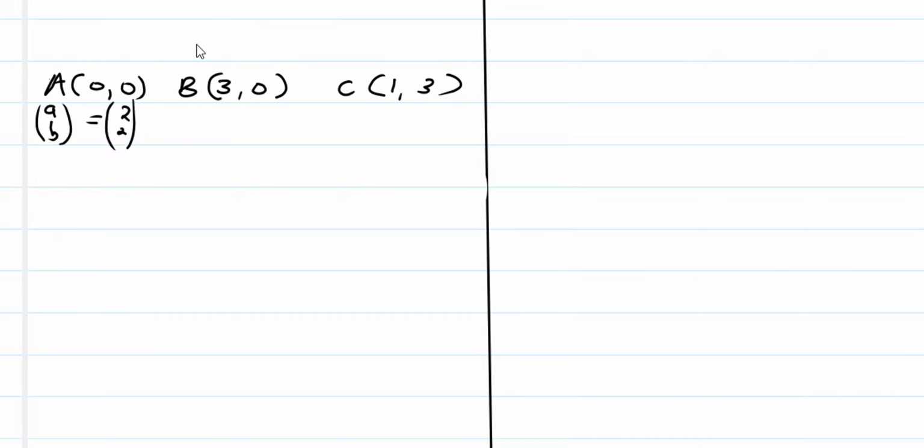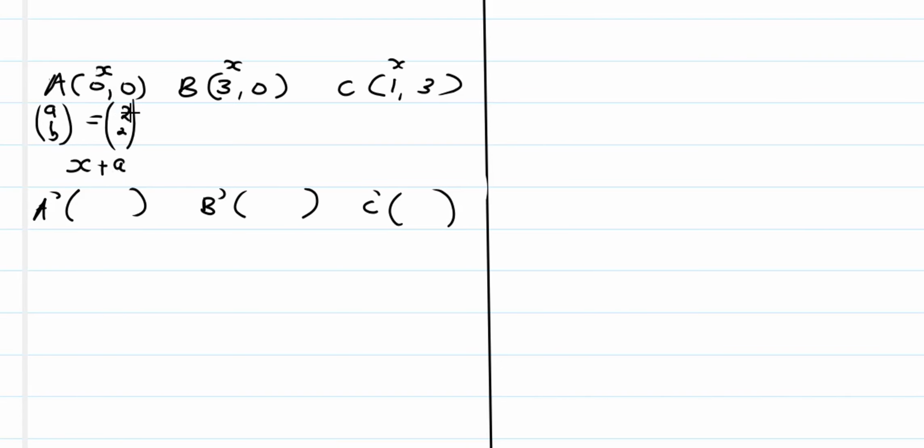To translate, we need the translated coordinates for A, for B, and for C. The rule we apply is that we take all the x coordinates and add a, where a is the first value of the translation vector, then we take all the y values and add b, where b is the second value of the translation vector.